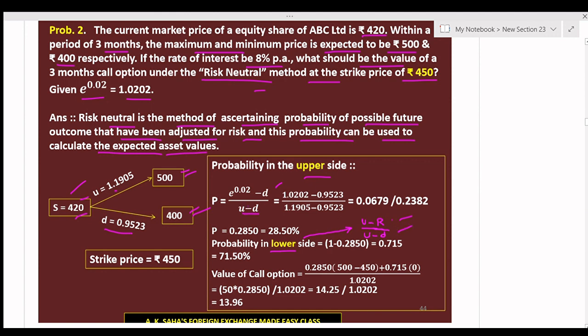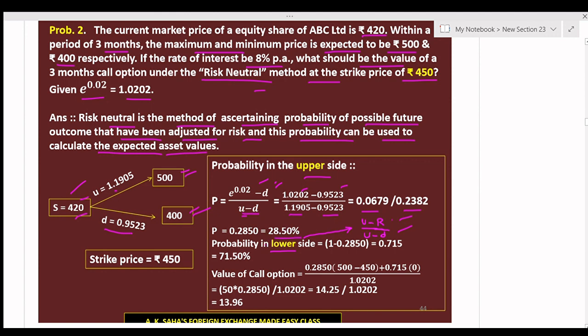Now come P on the upper side. E to the power 0.02 minus D divided by U minus D, that is equal to 1.0202 minus 0.9523 divided by 1.1905 minus 0.9523 is equal to 0.0679 divided by 0.2382, that is equal to 28.50%.